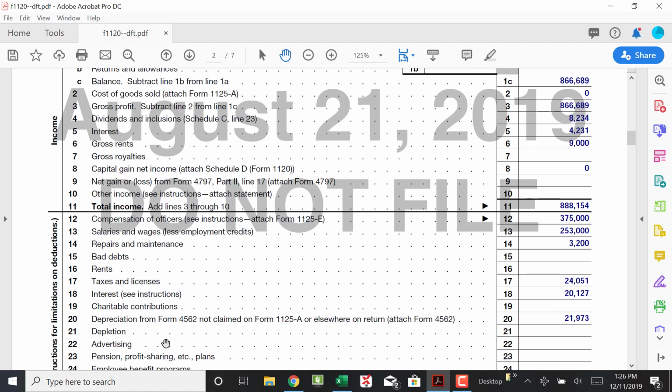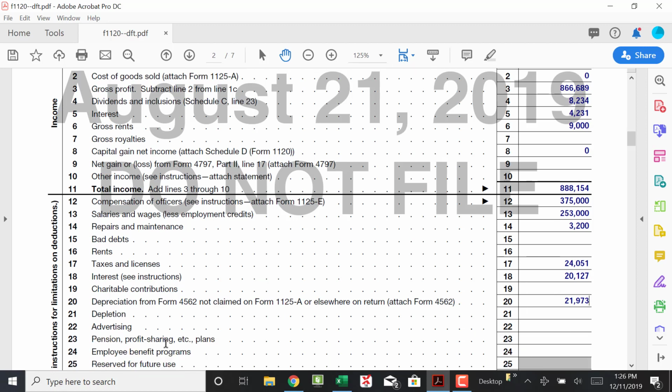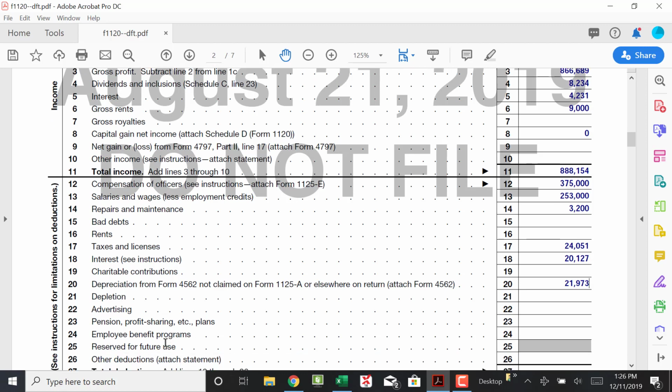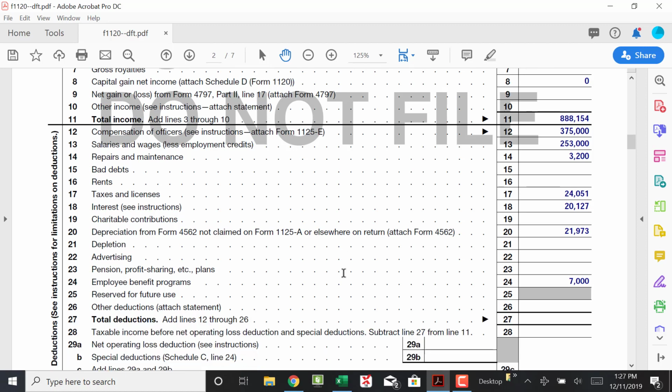No depletion, no advertising, no pension plans for employees, no employee benefits. Oh, they do have health insurance, so employee benefit programs, we can put the health insurance in there, $7,000. Okay. That looks like everything that we have that has its own line.